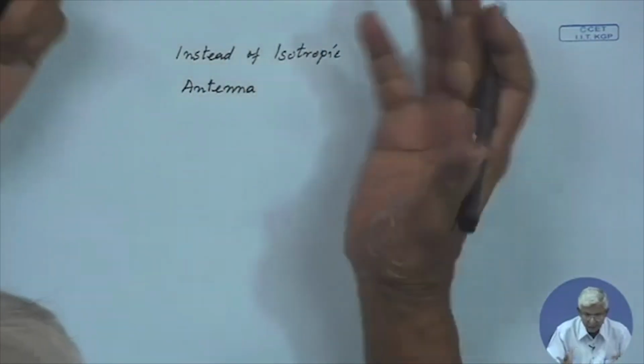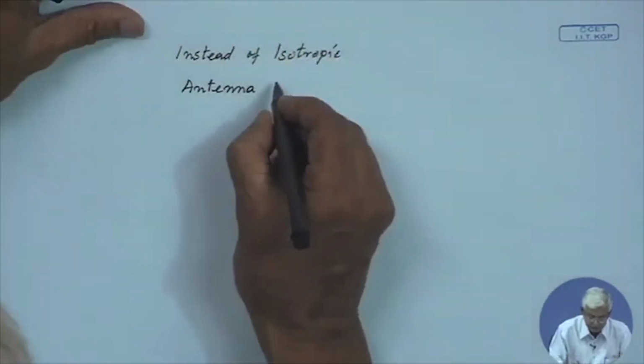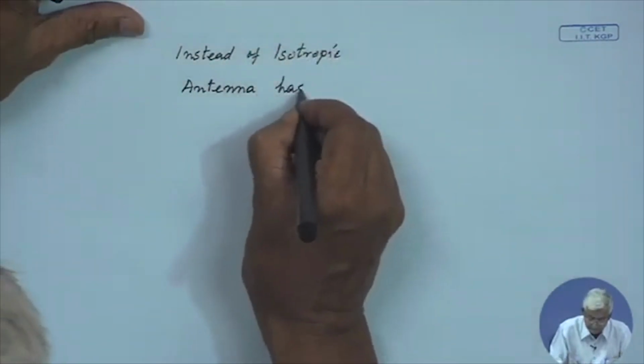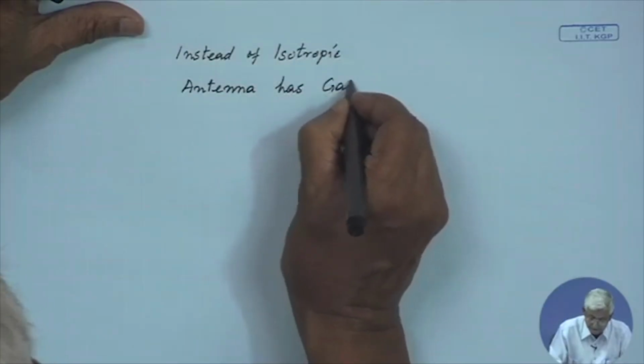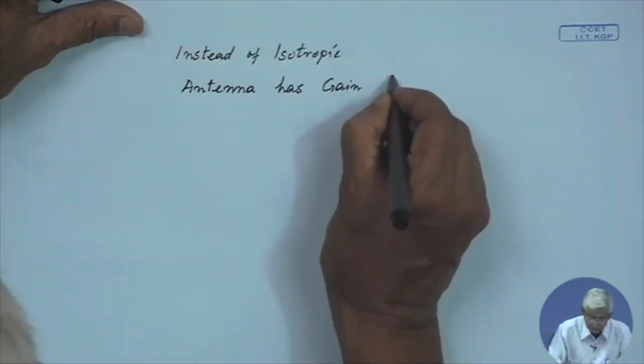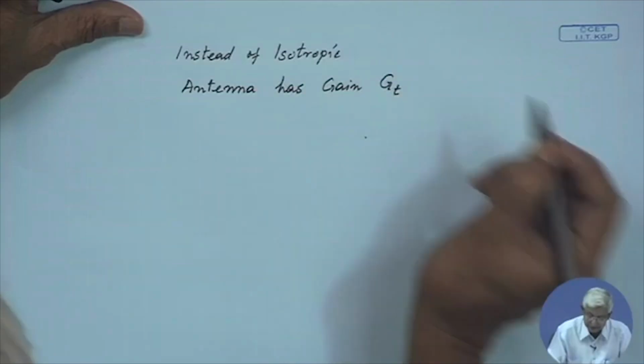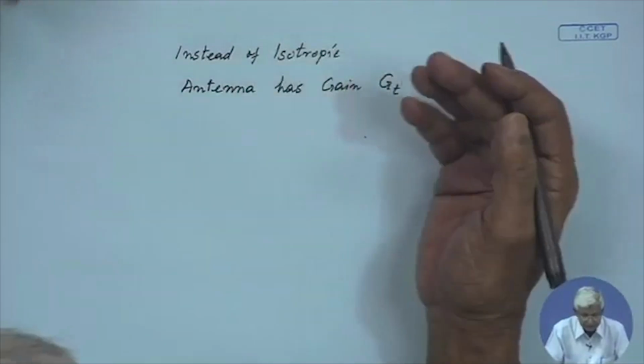Instead of radiating in all directions uniformly, the transmit antenna has gain, let us call it GT. We have talked about the gain of the antenna, how it is defined: the input power which is coming, how much it is focused in the theta phi direction. G goes in the theta phi direction, and with R it will be reducing the power.